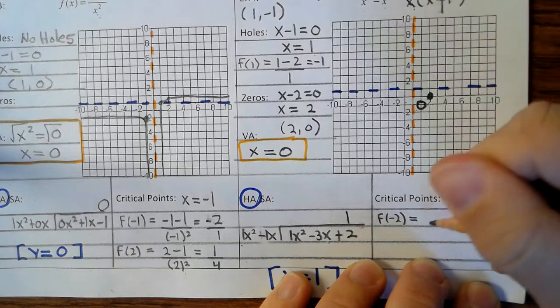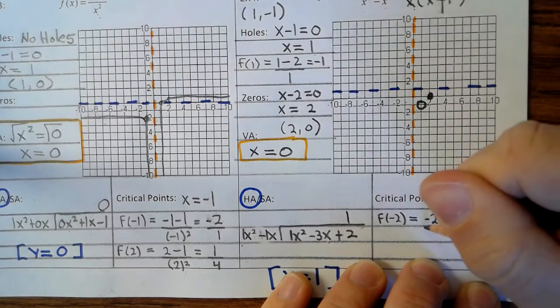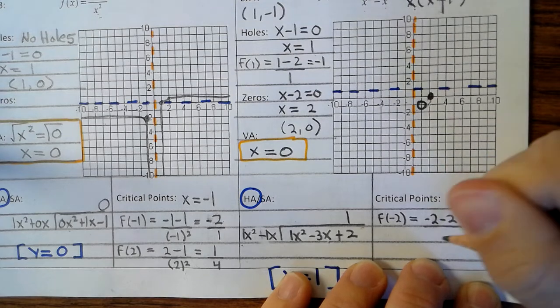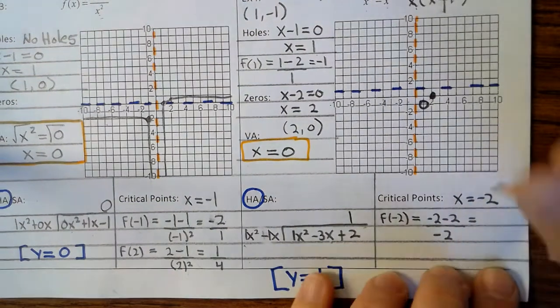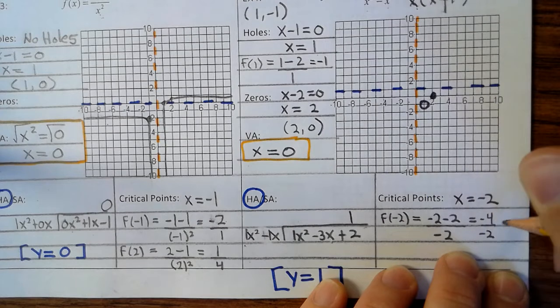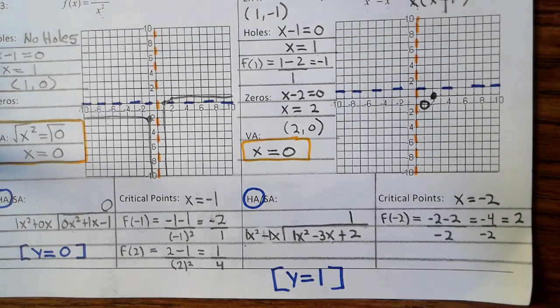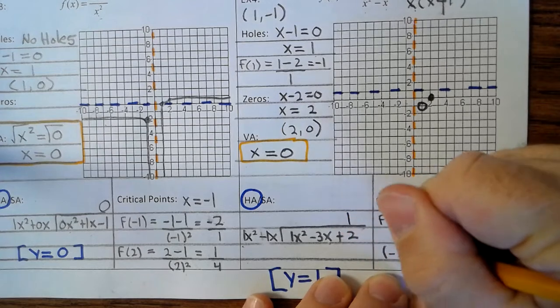So then that's negative 2 minus 2 divided by negative 2, which equals a negative 4 divided by a negative 2, which equals positive 2. So our critical point is negative 2, 2.